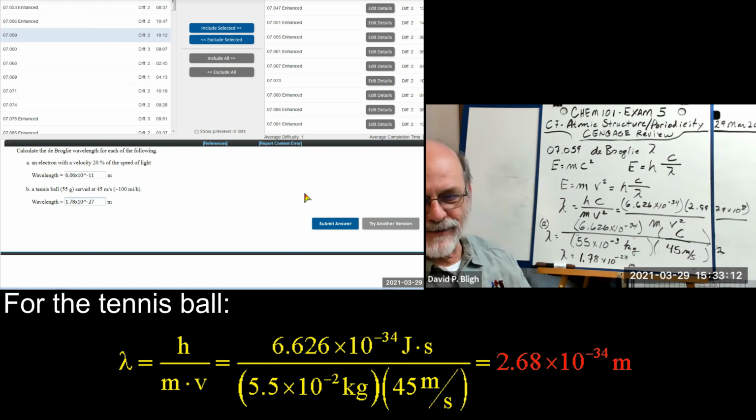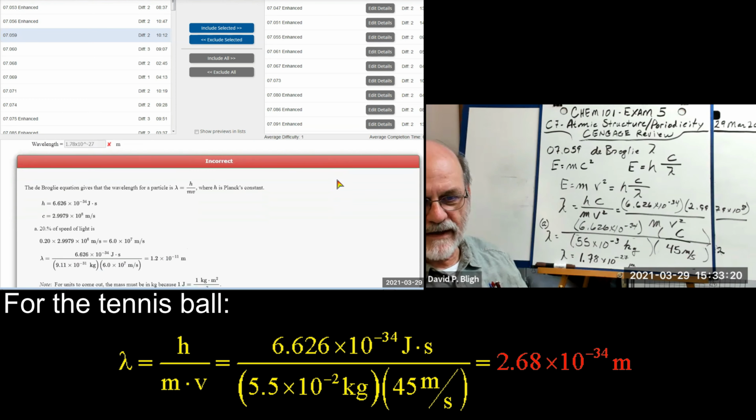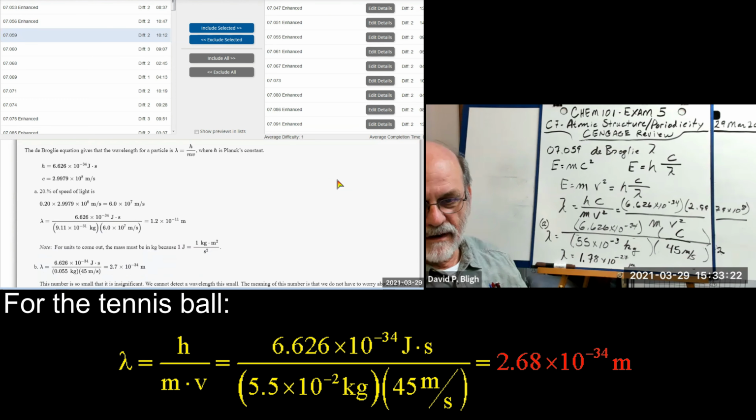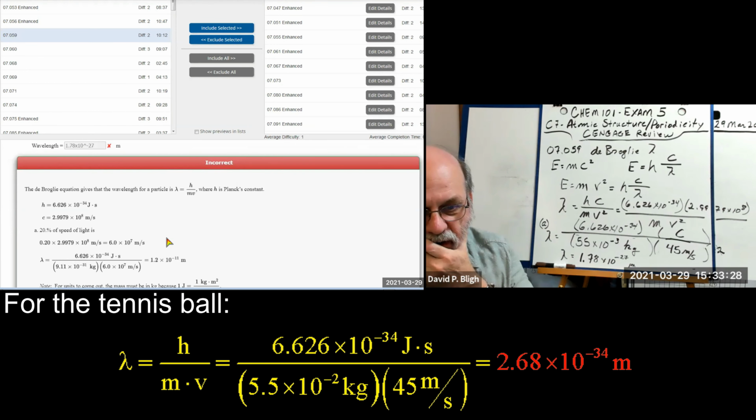Now let's see if I got it right or if I'm just all wet. Oops, I got something wrong. What did I get wrong? Let's see, 20% of the speed of light, okay. Wavelength.